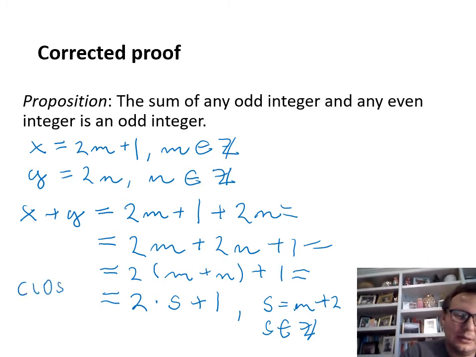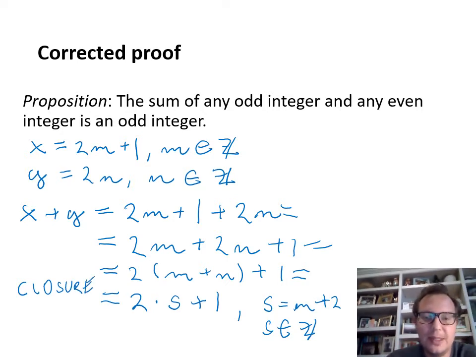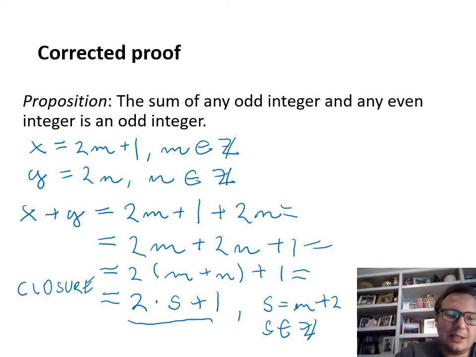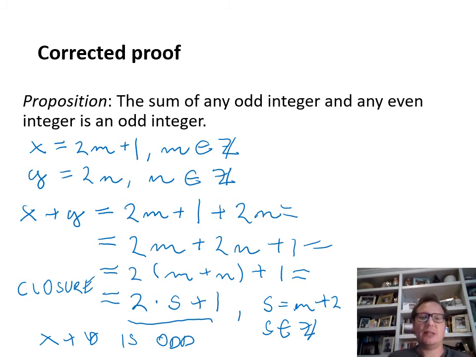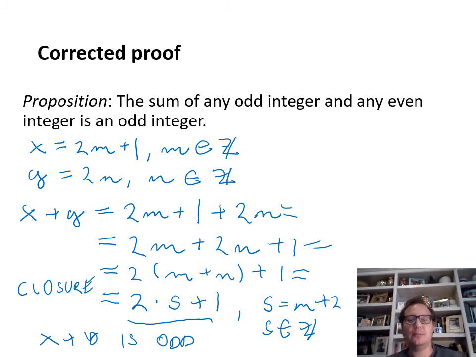Don't forget to denote why we can actually introduce s here. Okay, now by the definition of odd numbers, we know that x plus y is odd. And this is the corrected proof of this proposition.